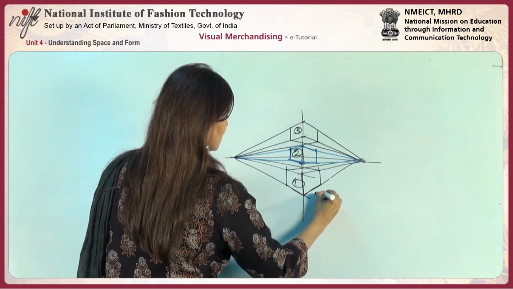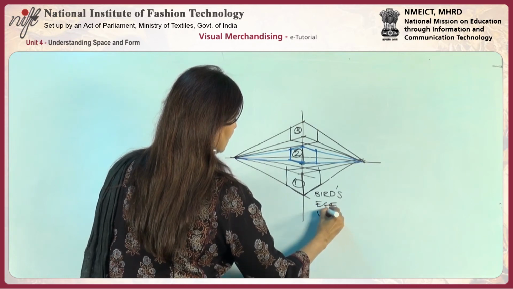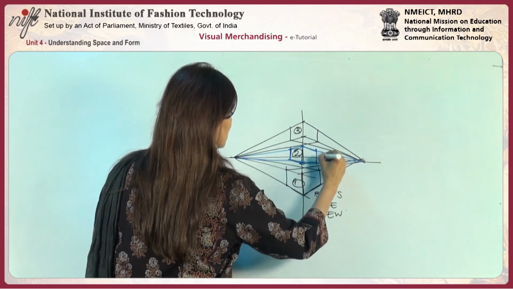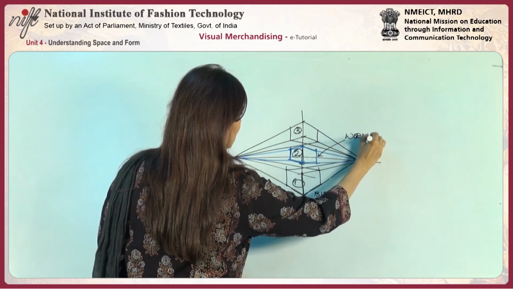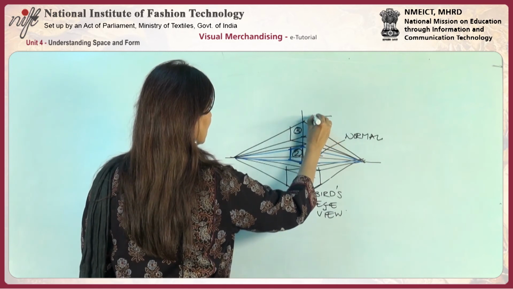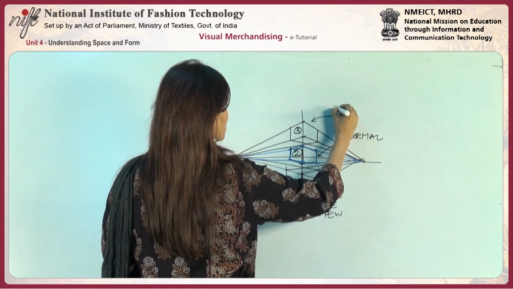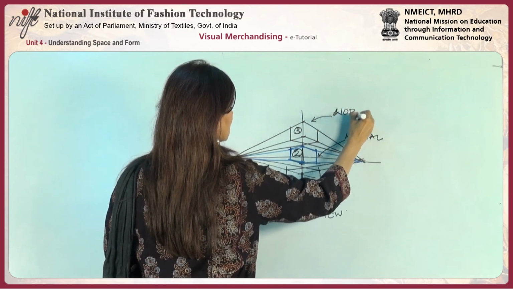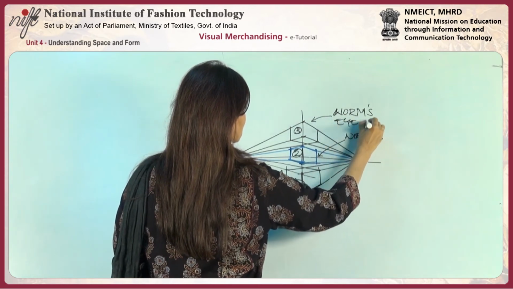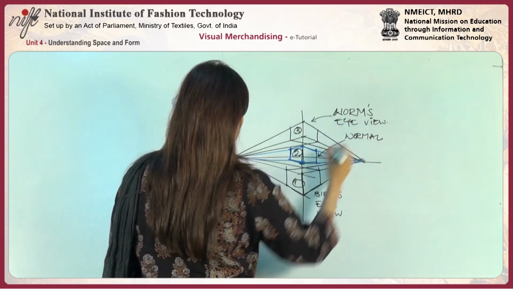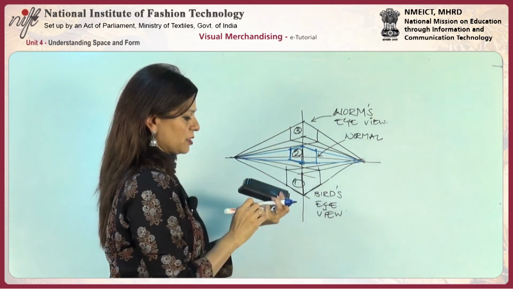This is bird's eye view, this is normal eye view and this is worm's eye view. So it's like a worm and you're seeing it from the bottom of it.